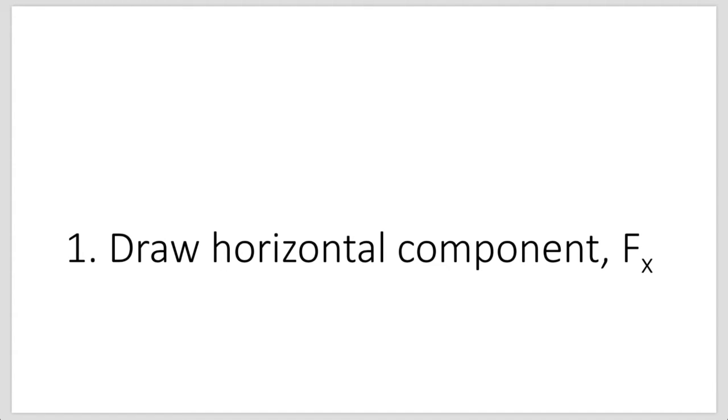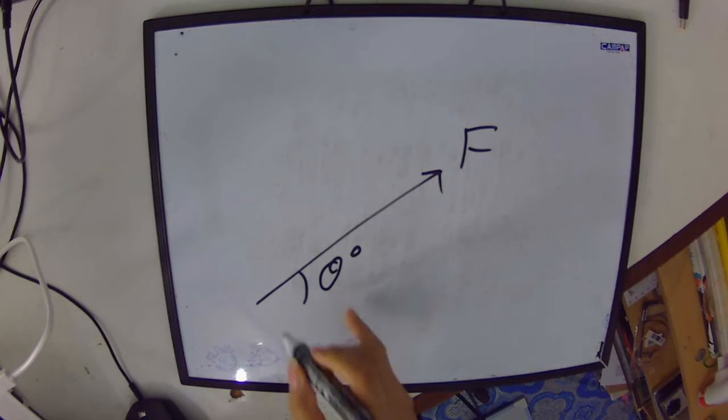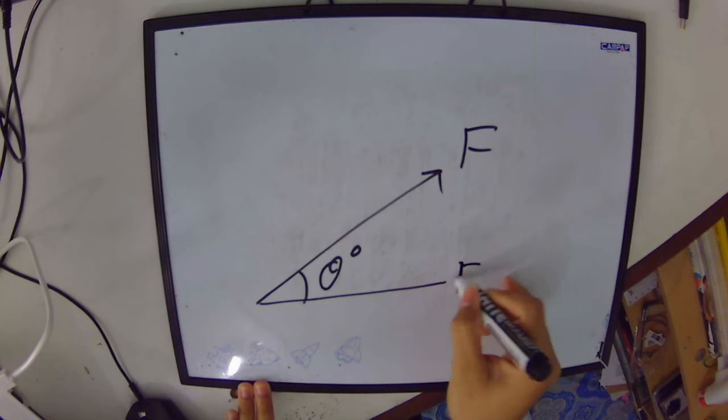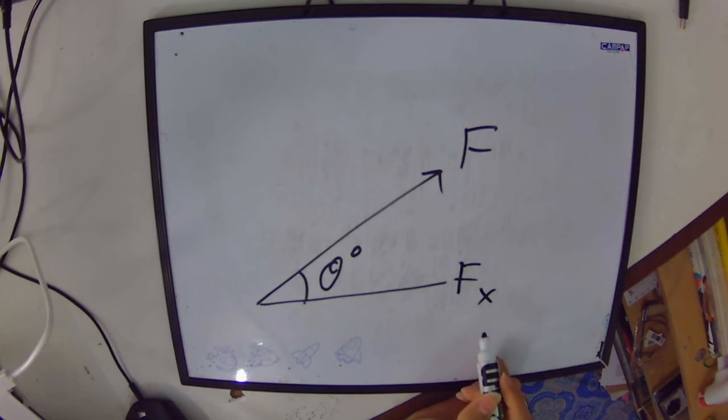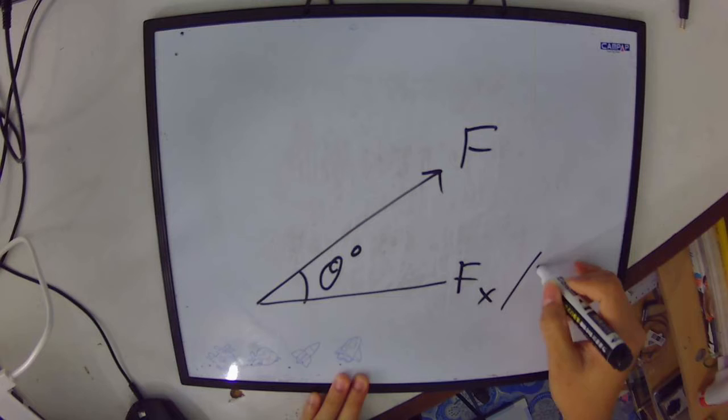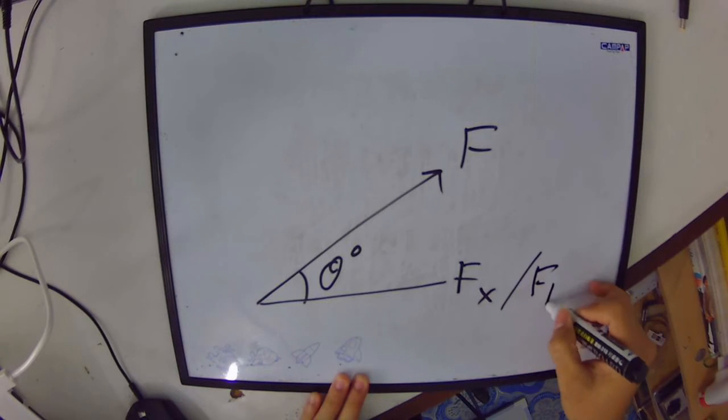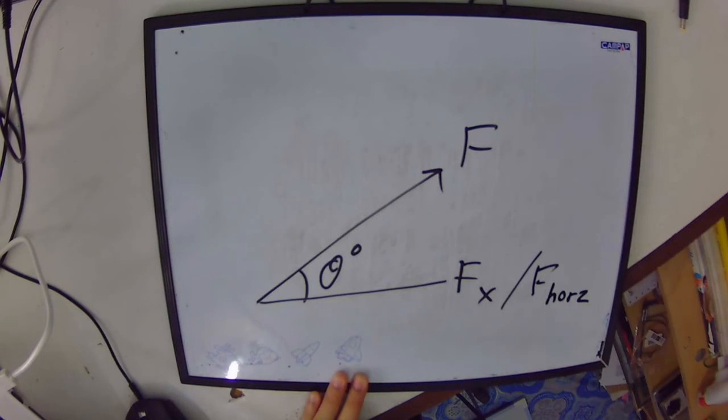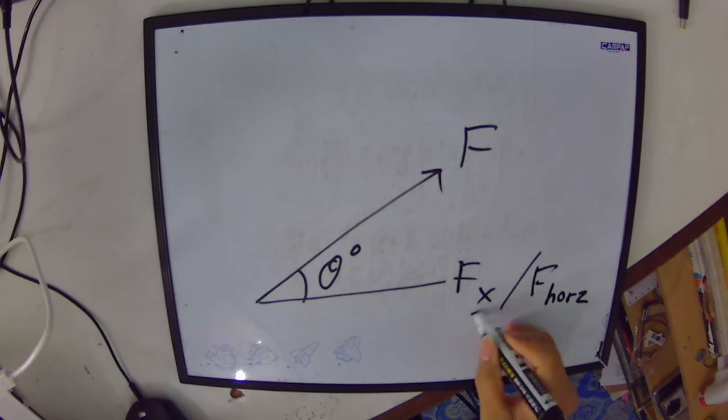Your textbook calls it Fx, x being the x-axis, so horizontal. I've also seen other sources that use F horizontal. Either one is fine. It doesn't really matter. But your textbook just uses Fx for x-axis.